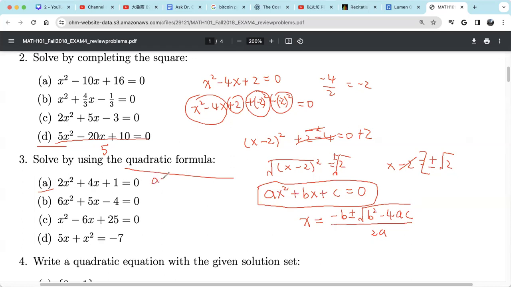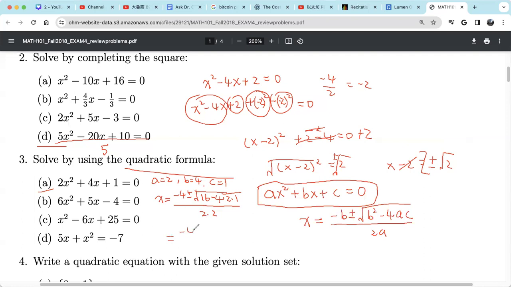So figure out a is 2, a is the number before x squared, b is the number before x, and c is the constant, which is 1. Now we just have to plug in. So we get -b, which is -4, plus minus square root of b squared, 4 squared, 16, minus 4 times a, which is 2, times c, which is 1, all divided by 2a, 2 times 2.